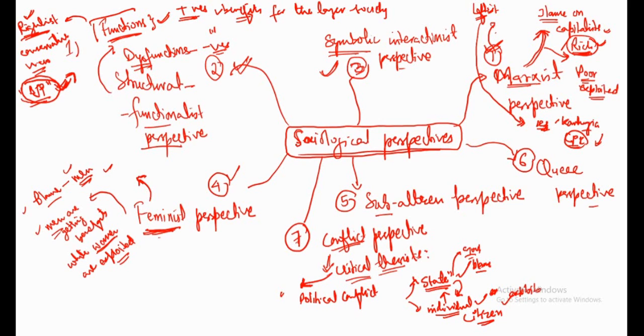His rights are being exploited, or the political class is being benefited at his expense. This is the view of critical theorists. Or they can say that different government political parties are in conflict with one another. This is the main view of critical theorists like Habermas, etc.